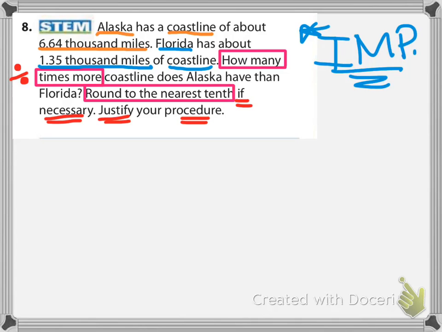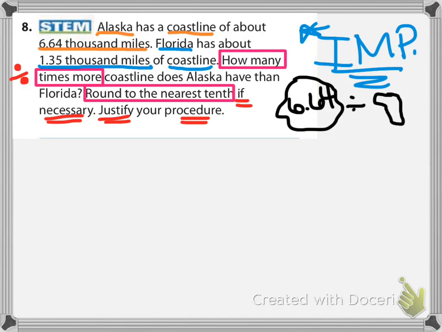Now I'm going to change back to the black color so that it can be seen. So what you need to figure out is you've got a huge Alaska coastline. Draw a crude little picture here. I know that is not exactly how Alaska looks. And then we've got the Florida coastline, which is smaller, and it represents this number.